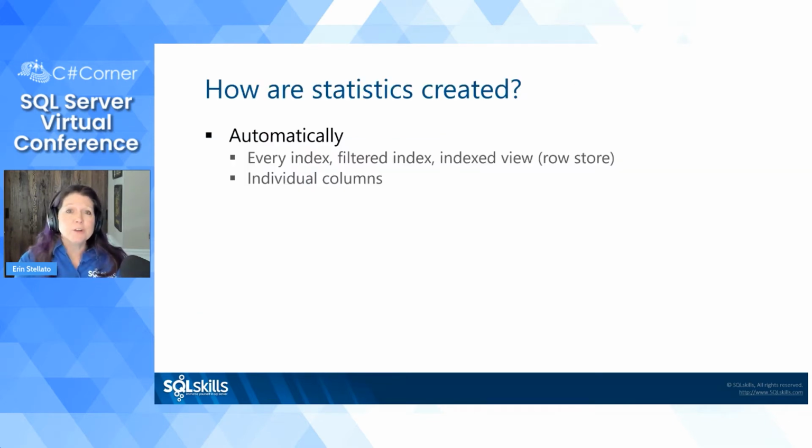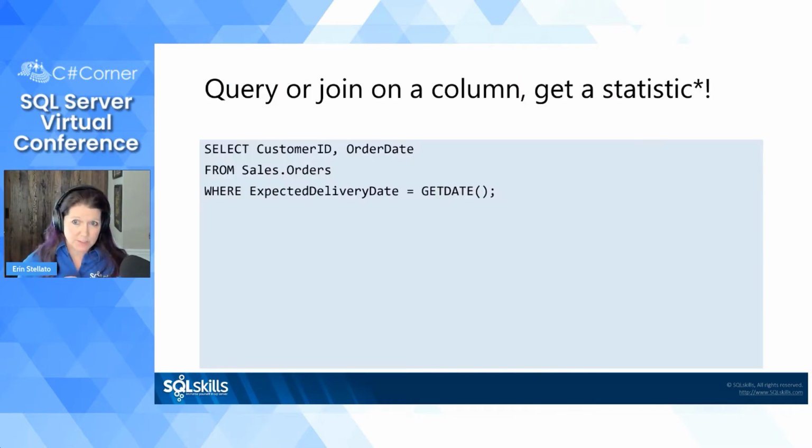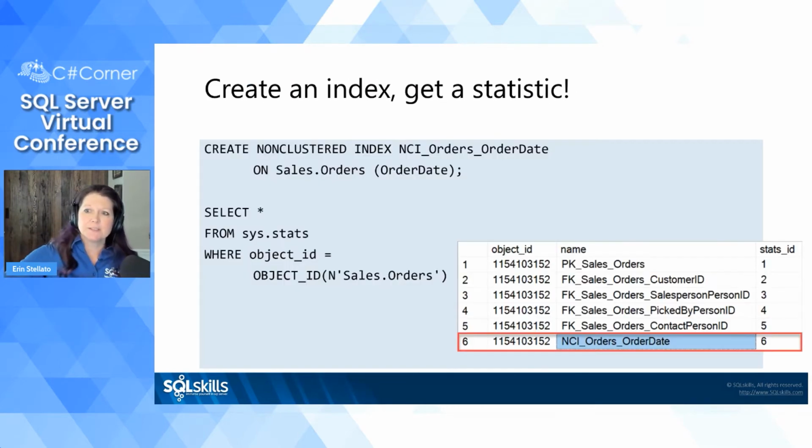Now, we also get statistics created on individual columns within SQL Server. So if you query a column or you join on it, you get a statistic, assuming, and there's a little asterisk there, that it doesn't already exist because it's the leading column in an index. So for example, let me come back here for one second. In this example here, we created an index on order date.